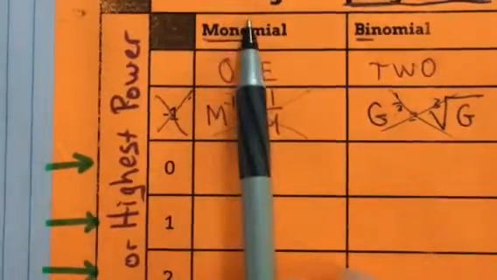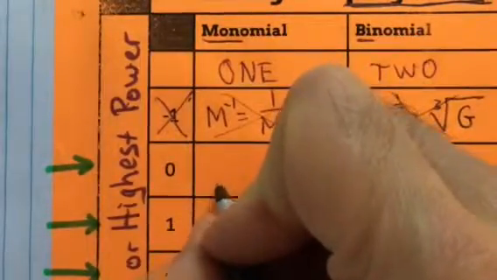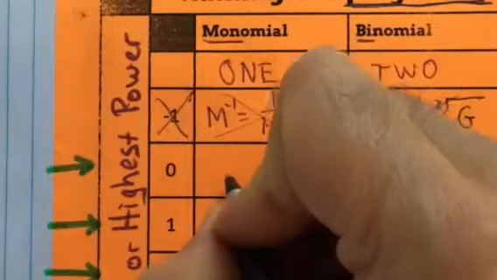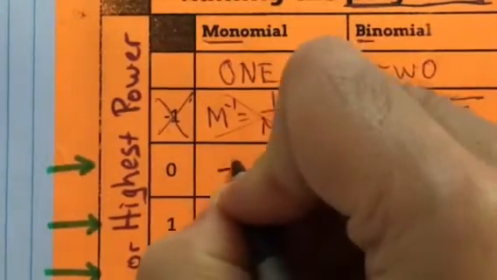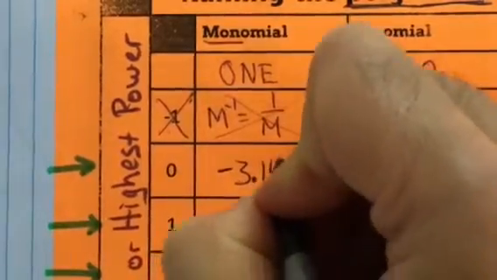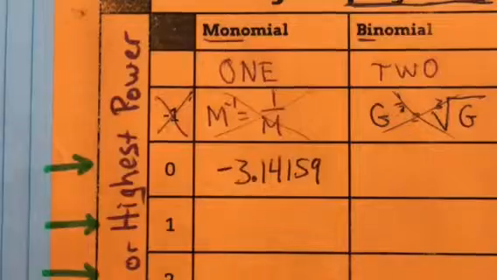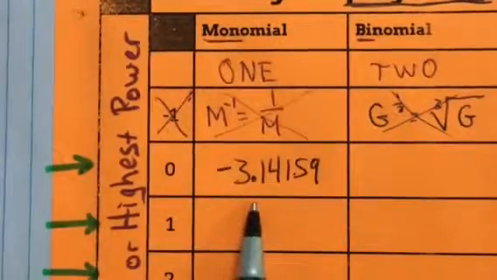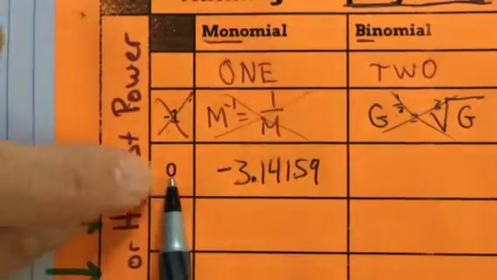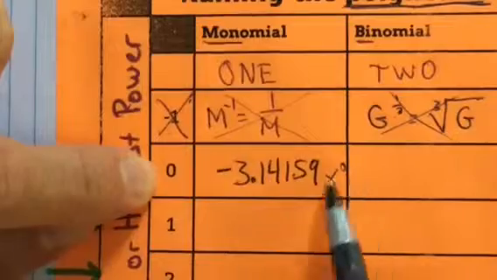Let's try a monomial, degree 0. This could be negative 3.1415. You know where I'm going, don't you? That's negative pi. That could be a monomial. The degree 0 means my x has an invisible 0, which means it's not there.